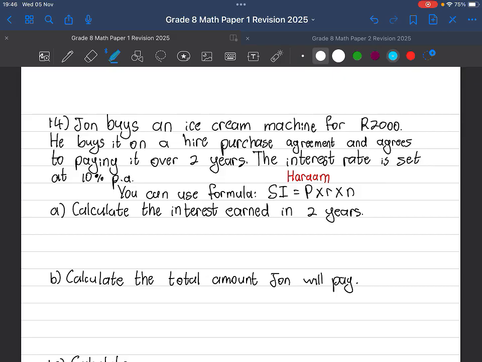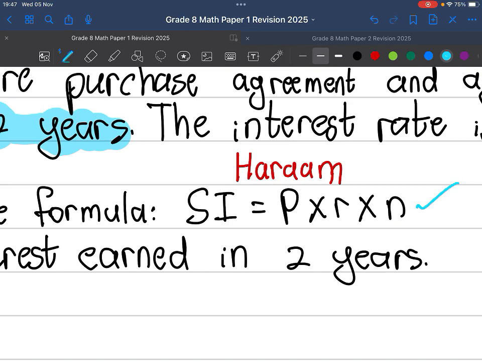So, they've given us the price of the ice cream machine. They've given us the number of years and the interest rate. They're giving us a formula as well. What is this formula? SI is simple interest.